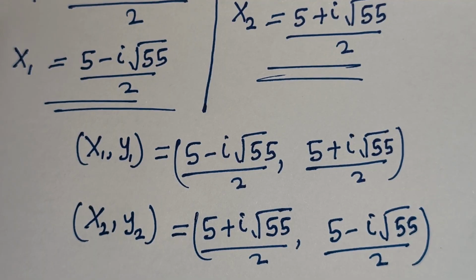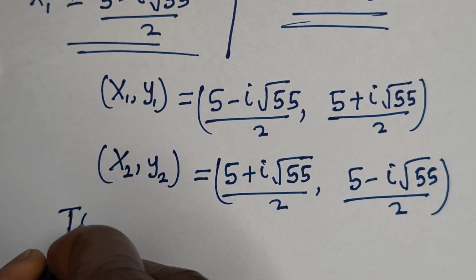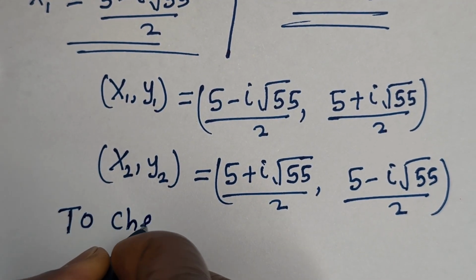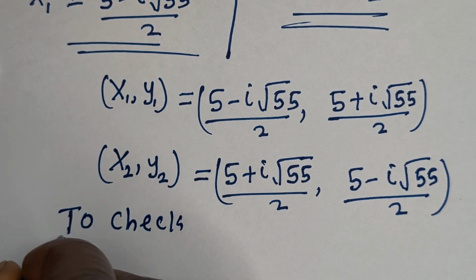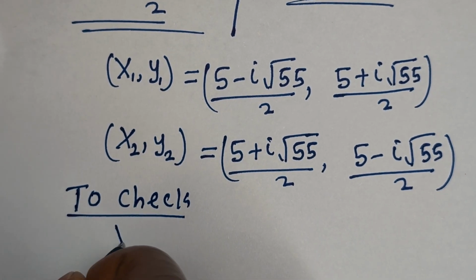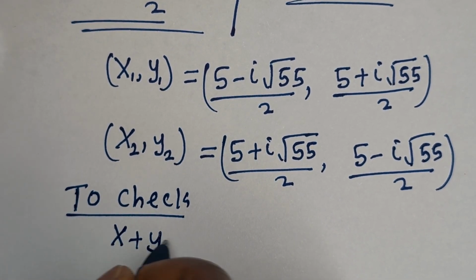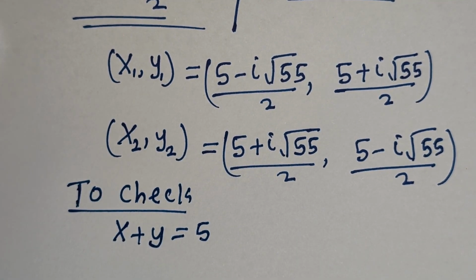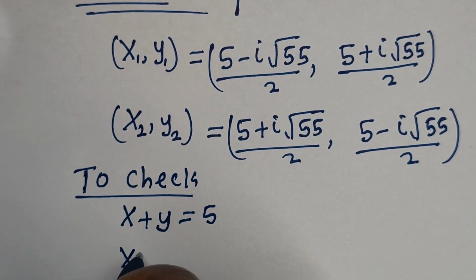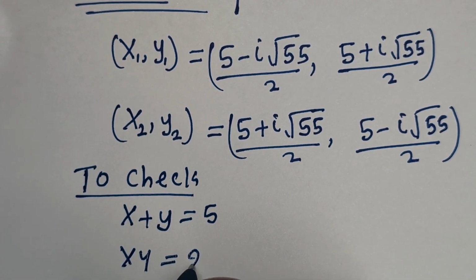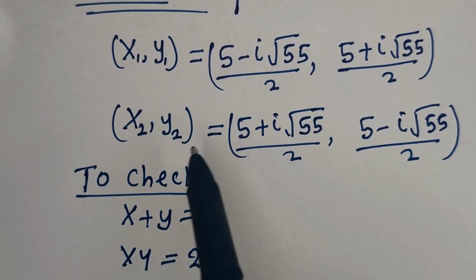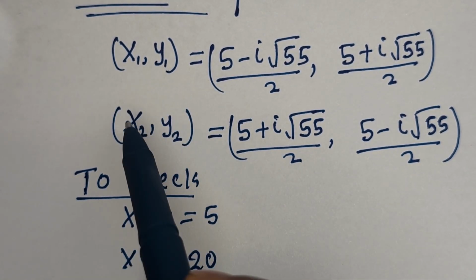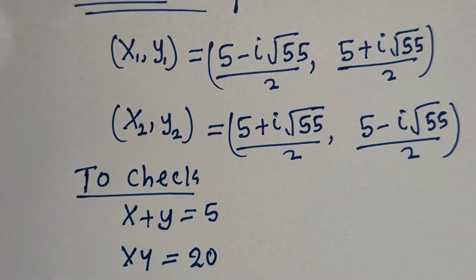Let's check. To check, we have the given equations: x plus y is equal to 5, xy is equal to 20. Let us make use of either x1, y1 or x2, y2.